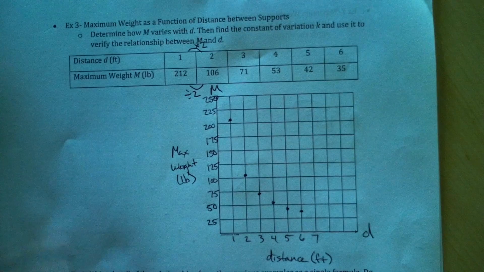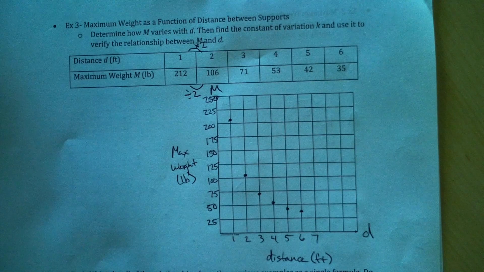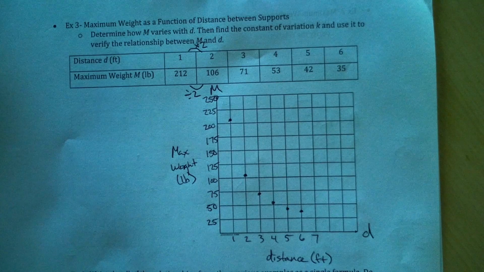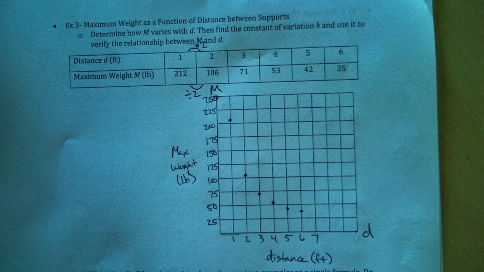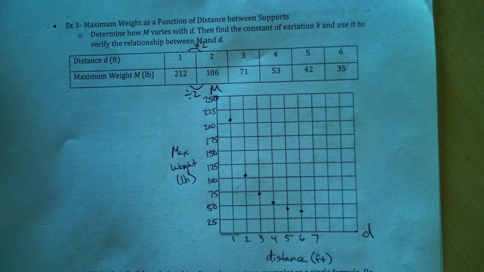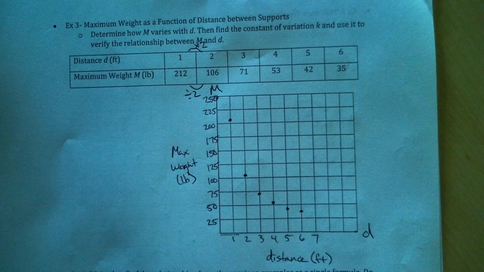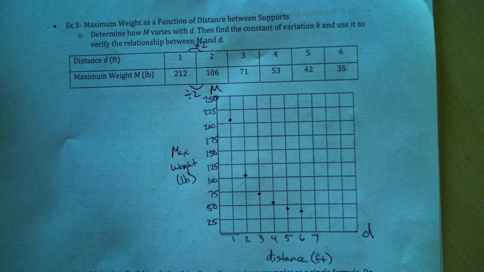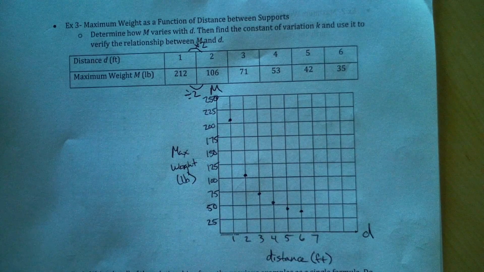So our 1 would go in for our distance there, and 212 would go in for our max weight. And again, it's nice when we use 1, because what's k divided by 1? Just k, right? So it'd be 212 is equal to k. And then same as before, take that k value and plug it back in. So m is equal to that 212 over d.